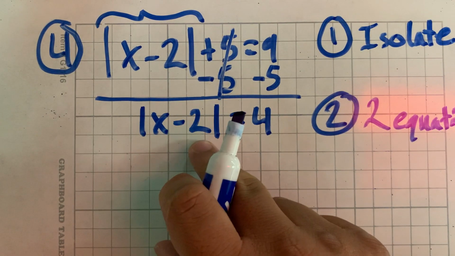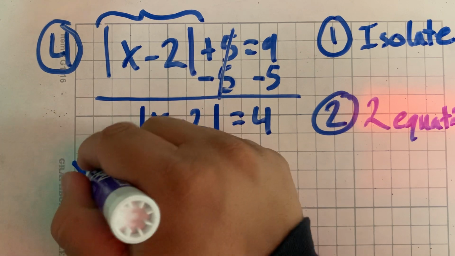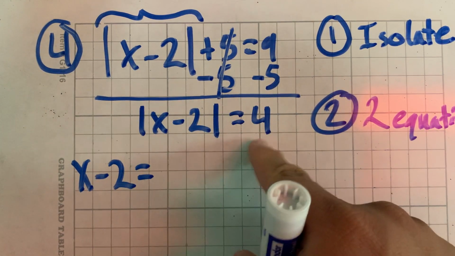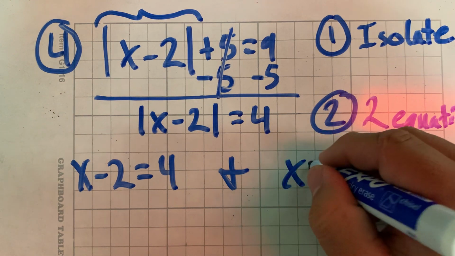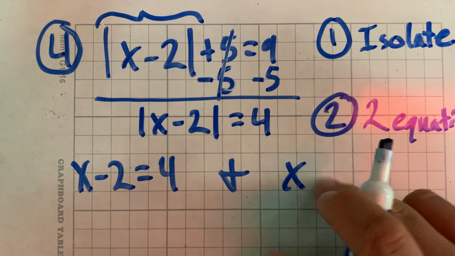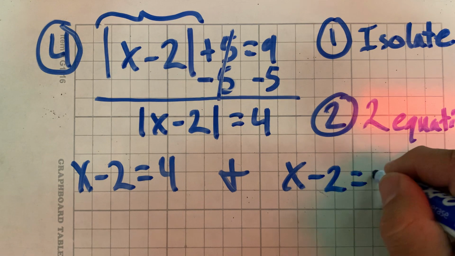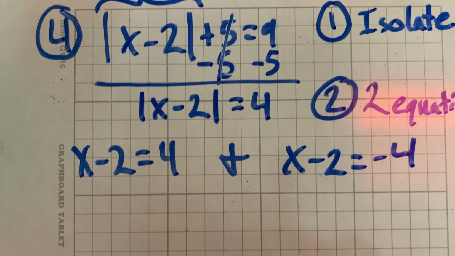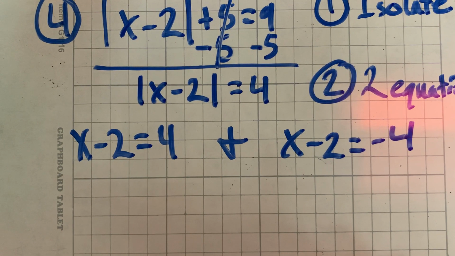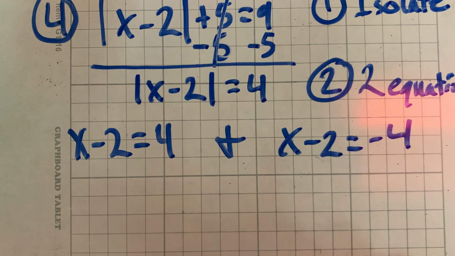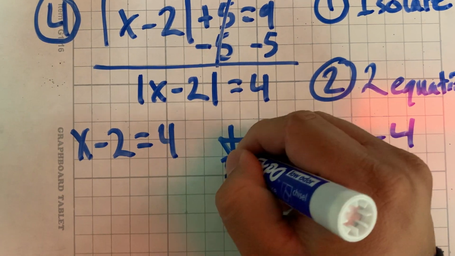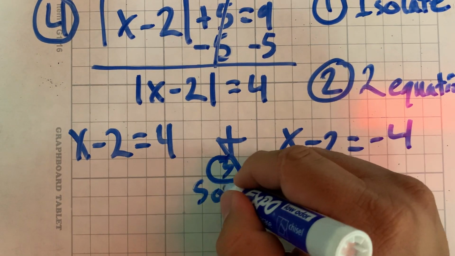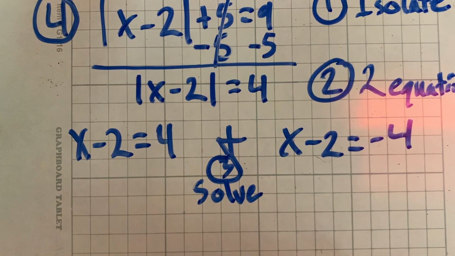You take, again, whatever is on the inside. In this case, it's x minus 2. Set it equal to the positive and the negative of the number it is equal to. Now that I've done that, we're going to do step 3, which is solve.